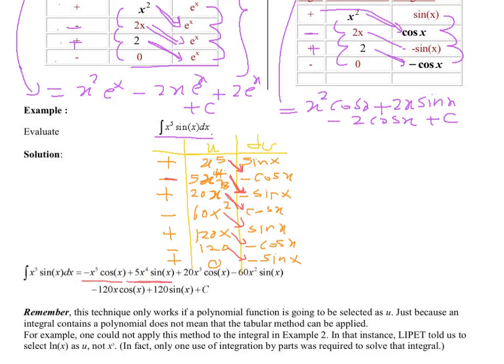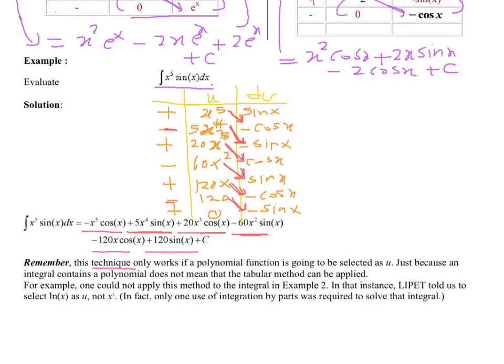And then this one, which is plus 20x cubed cosine, and then this one, which is minus 60x squared sine, and then this one, which is minus 120x cosine, and this one, there is a minus here, so plus 120 sine x plus constant.